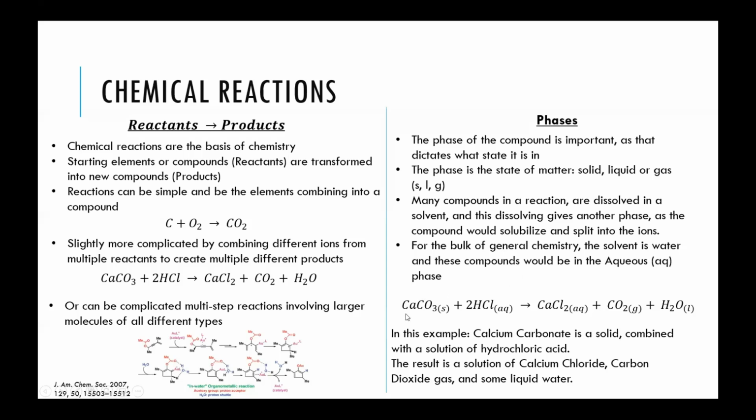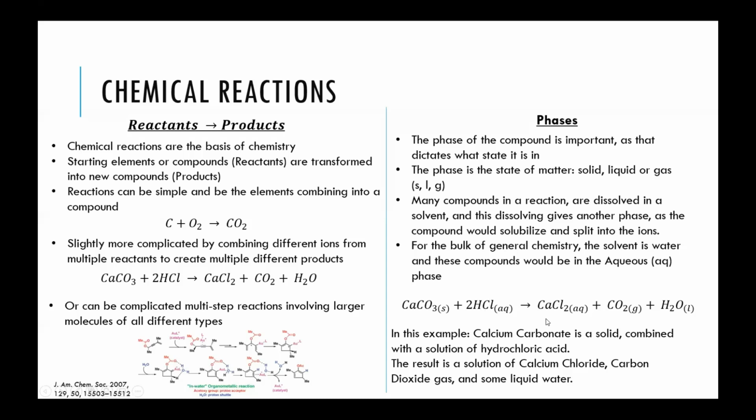So in this example of calcium carbonate reacting with hydrochloric acid, these are the two reactants. Calcium carbonate is a solid, and a solution of hydrochloric acid is used to react.